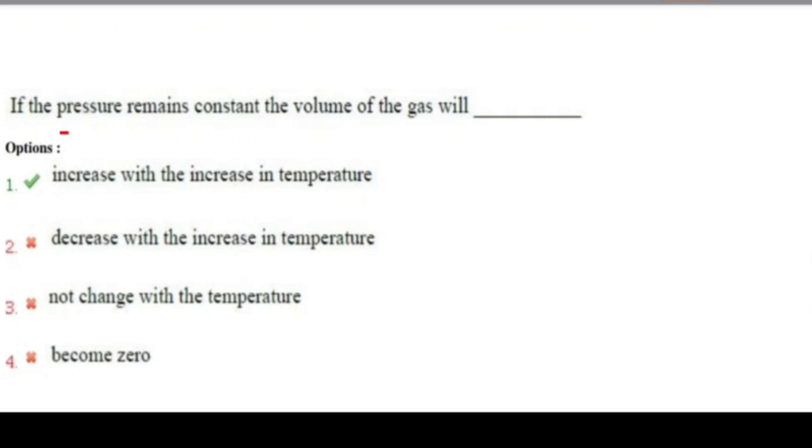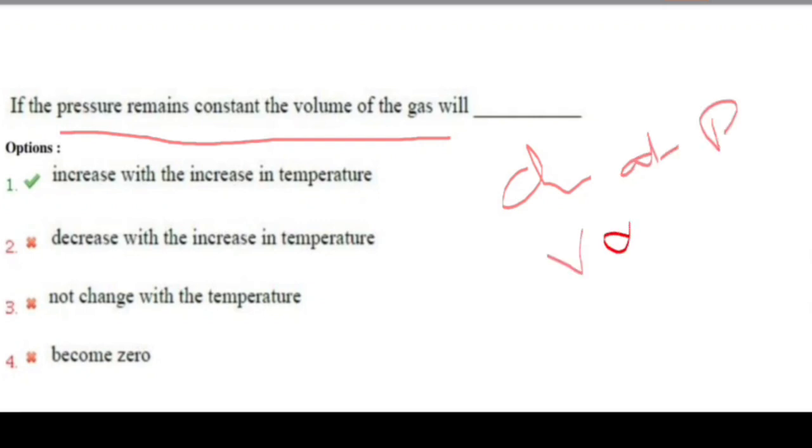Next question: if the pressure remains constant, the volume of gas will be? Take Charles law: at constant pressure, volume is directly proportional to temperature. If temperature increases, volume increases. If temperature decreases, volume decreases.